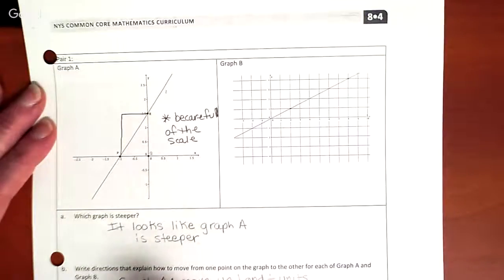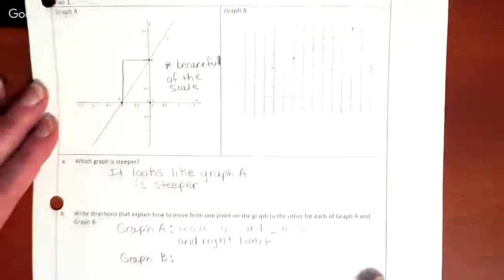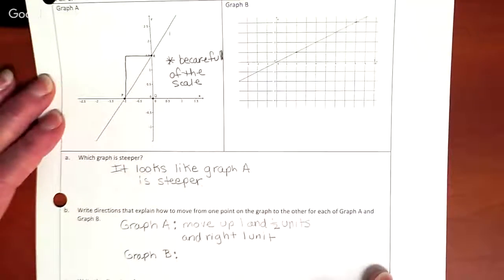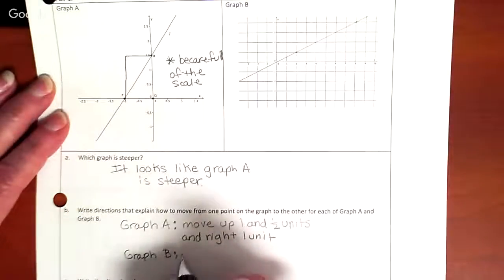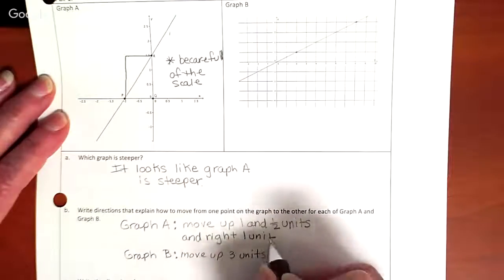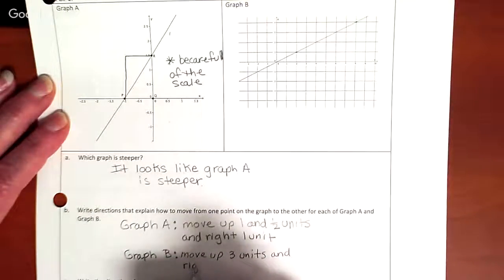Okay, so graph B, let me move that here so you can see that. We're going to move up 3 units and right 6 units.